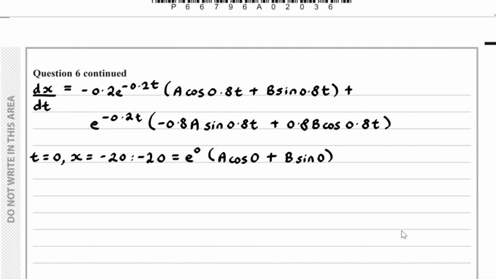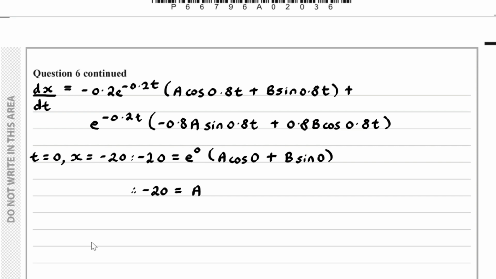So, recognizing that the cosine of 0 is 1 and the sine of 0 is 0, we have minus 20 equals a. This is our solution for a.